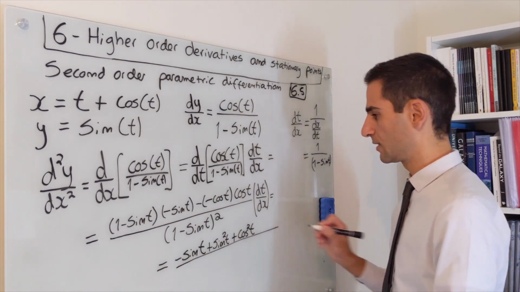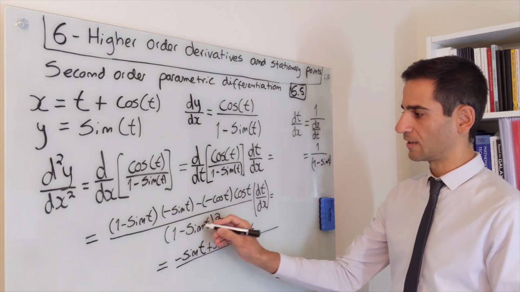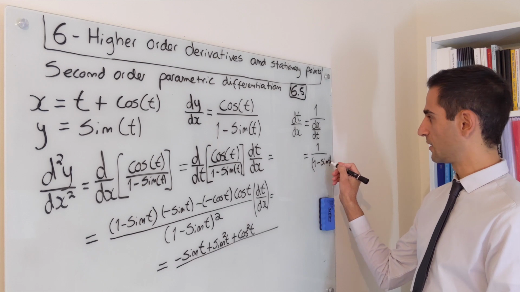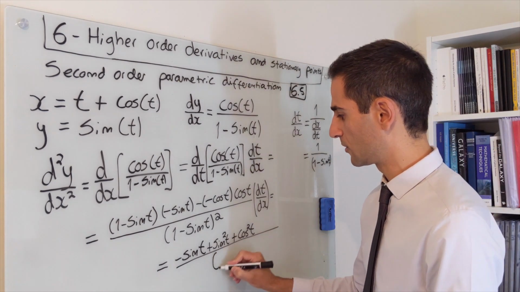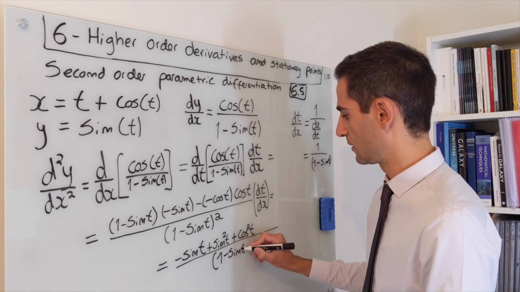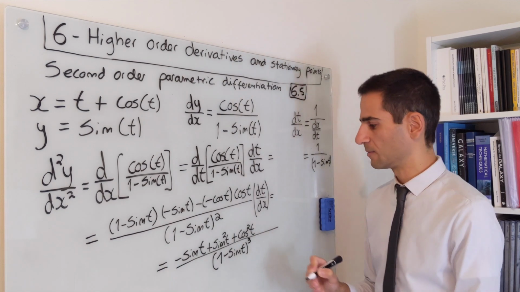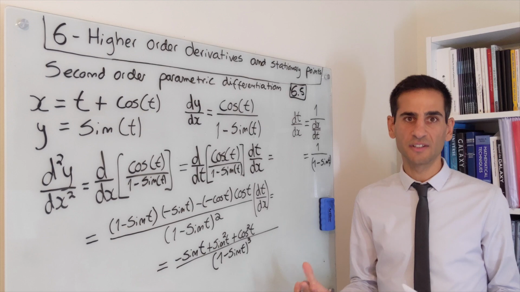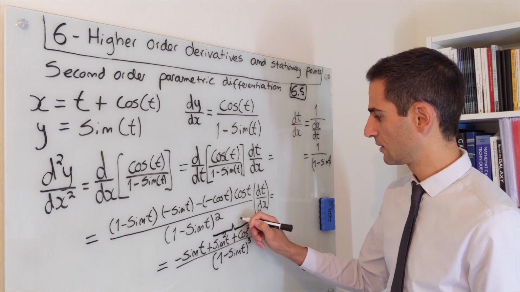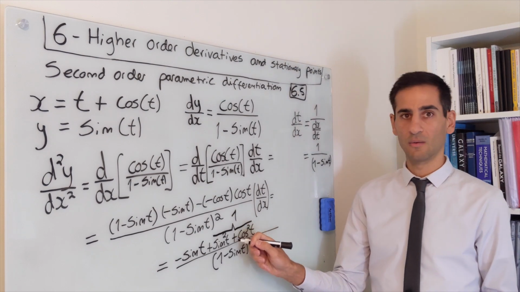And we're dividing by 1 minus sine t squared times 1 minus sine t. And therefore we end up with 1 minus sine t raised to the power of 3. One of the final things we can do is to recognize that the numerator is actually 1.